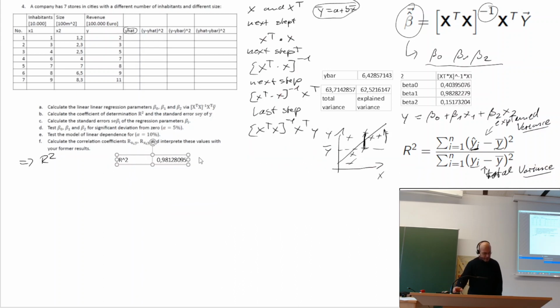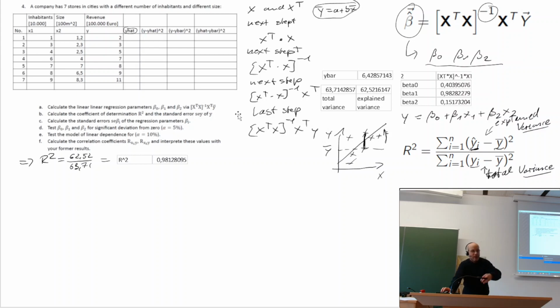So here we have our r squared, and this is then our, what do we have? 62.52 over 63.71. Yeah, and then we of course also want then do these hypothesis testing.